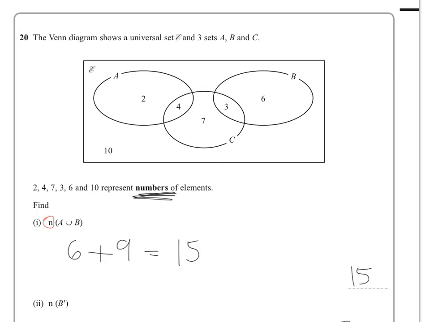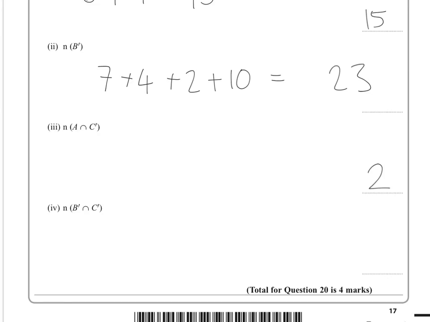So the number not in B and not in C are 10 plus 2, which is 12. Alternatively that sign can be read as intersect. So not in B, intersect, not in C: not in B and not in C, 2 plus 10, which equals 12.